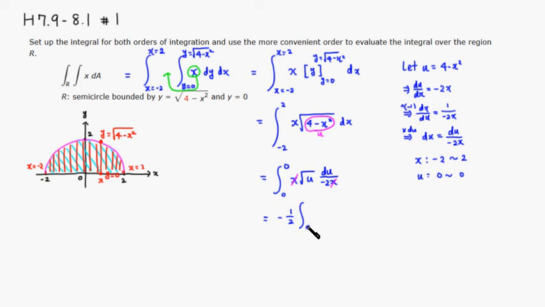The integral from 0 to 0 of square root of u du. But if the integral is going from 0 to 0, the integral is 0, so therefore this is going to be 0. So you can see that without using the fact that this is an odd function, we can still get the same answer. Alright, that's it. I hope that this was clear.